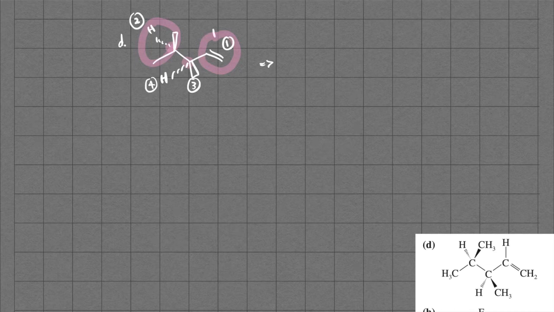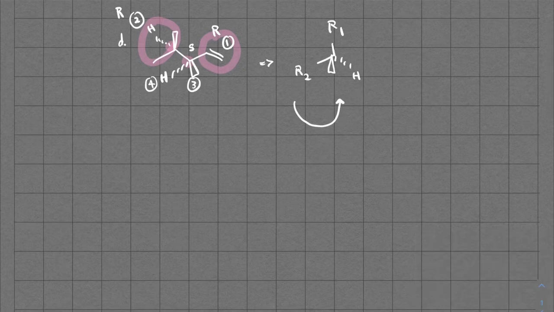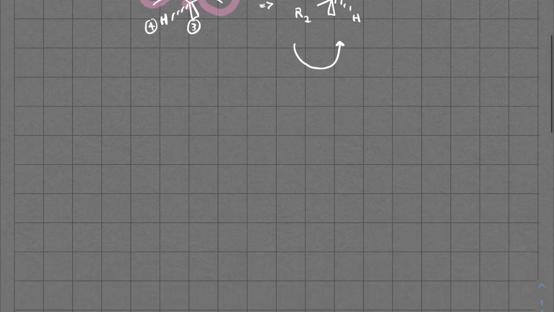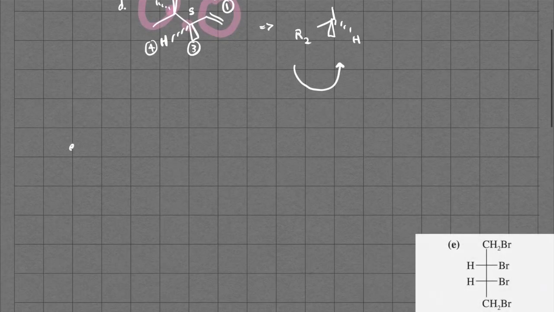We'll call this R1 and we'll call this one R2. It is rotating this way, so this is going to be an S configuration. Perfect. All right, let's go on to the next problem.